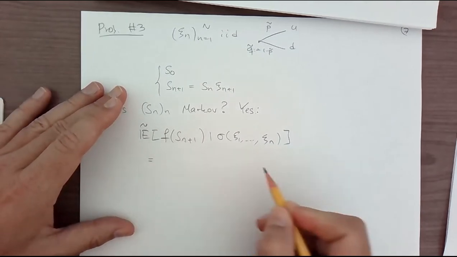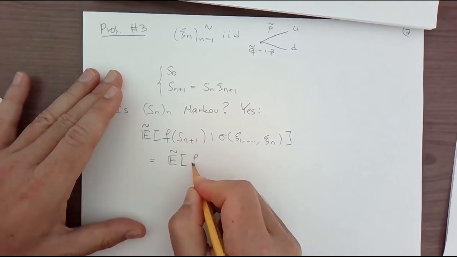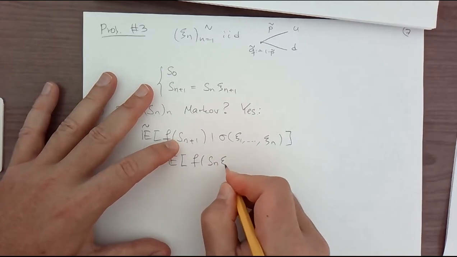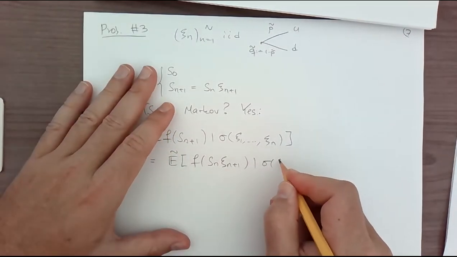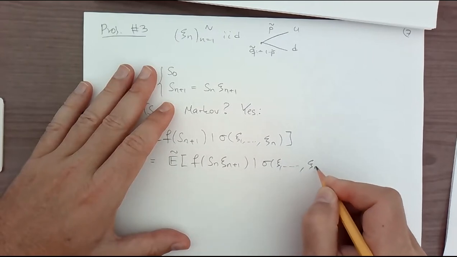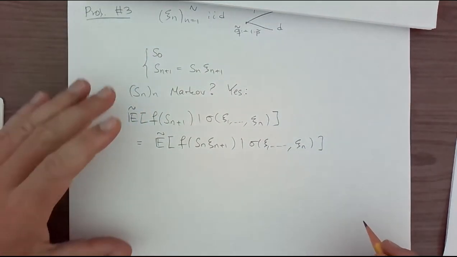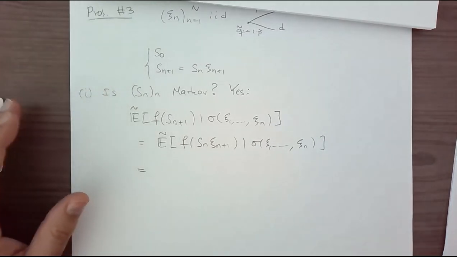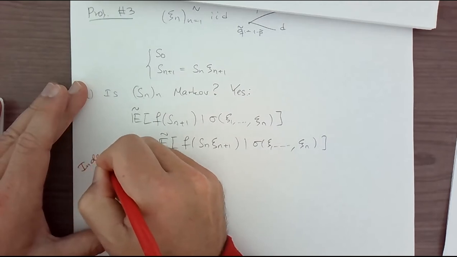Let's write out what we have. This is f, and then we use the definition of S(n+1), so this is f of Sn times psi(n+1), conditioned on the first n coin flips. Now we use the independence lemma.